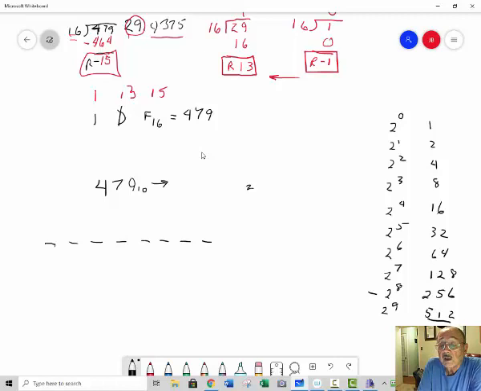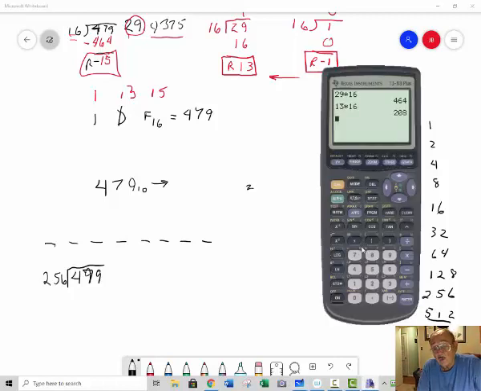Okay, so we're going to do just like we did previously, but I'm going to start with 256, the biggest value that will go into the 479. 479 divided by 256. Well, how many times will it go? I don't know. Let's go see.